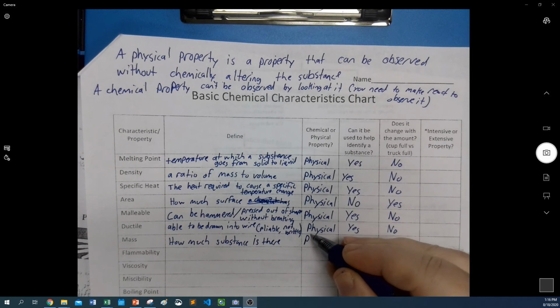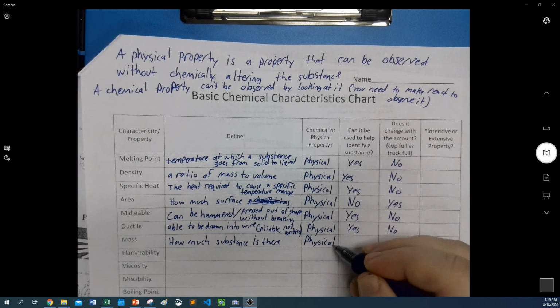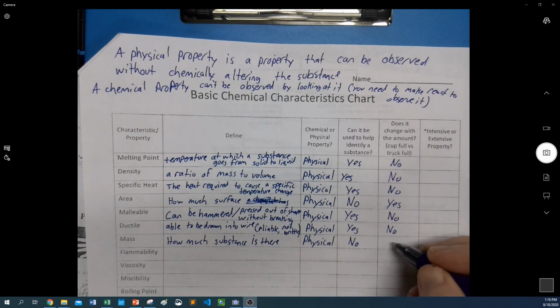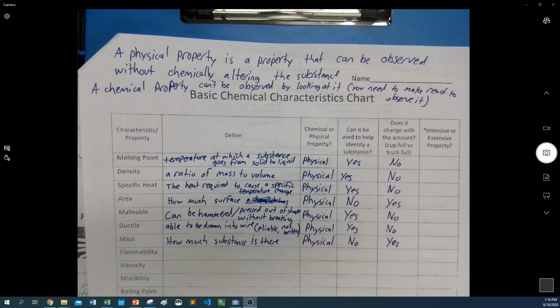That's also a physical property. You can't really use mass to identify a substance. If I said I had 1 kilogram of material, it doesn't tell you anything about that chemical. And it does change with the amount.